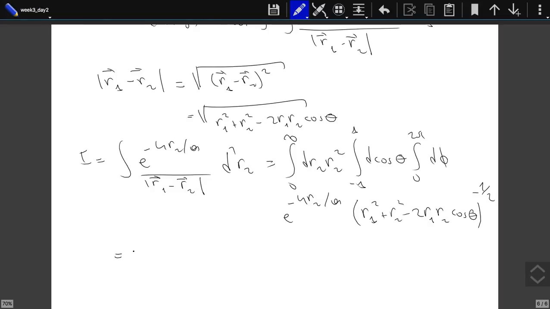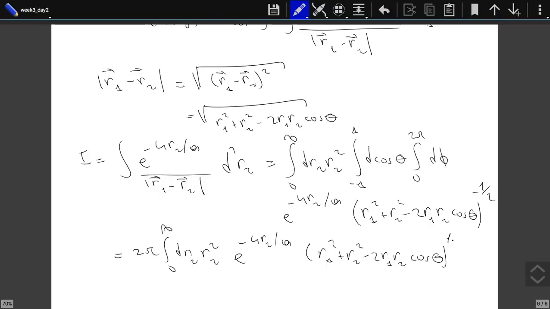So we have the integral from 0 to infinity dR2 R2 squared e to the power minus 4 R2 over a, times R1 squared plus R2 squared minus 2 R1 R2 cosine theta raised to the power 1/2, divided by R1 R2, with cosine theta going from minus 1 to plus 1. This is my cosine theta integral.